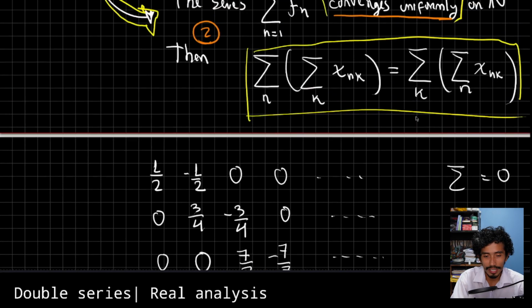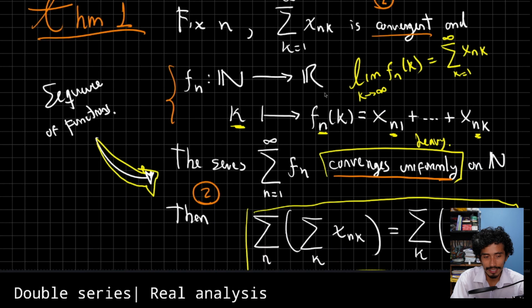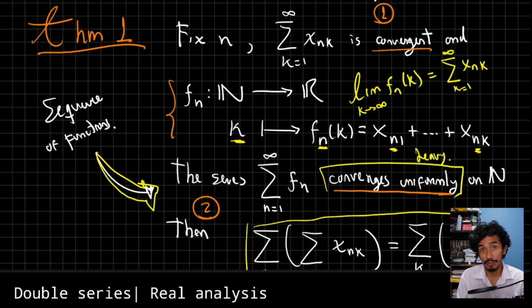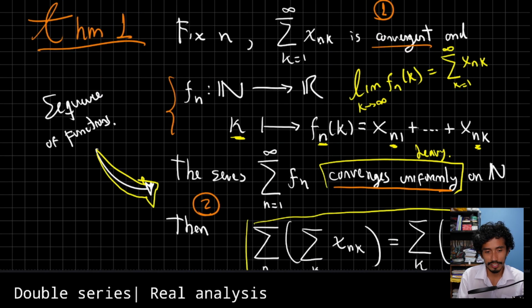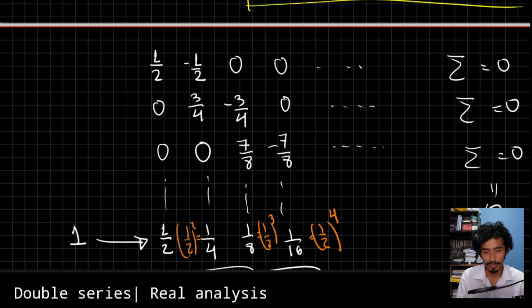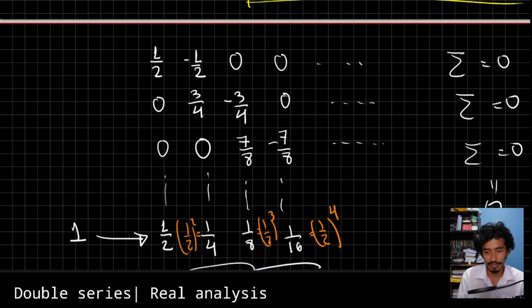So why is it that our theorem didn't hold here? At first, it is obvious that the first assumption did hold, because fixing n is summing rows, so everything is 0, so it is convergent.